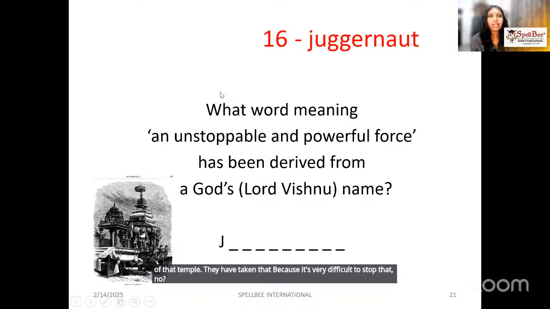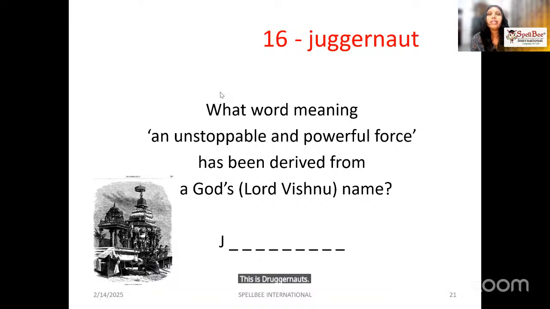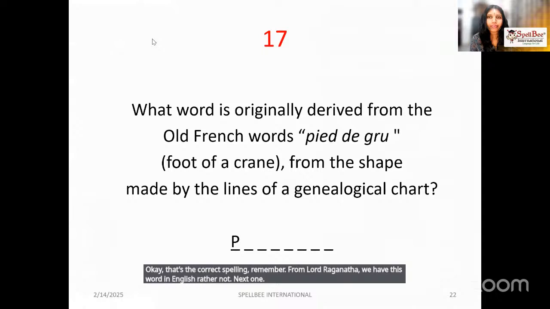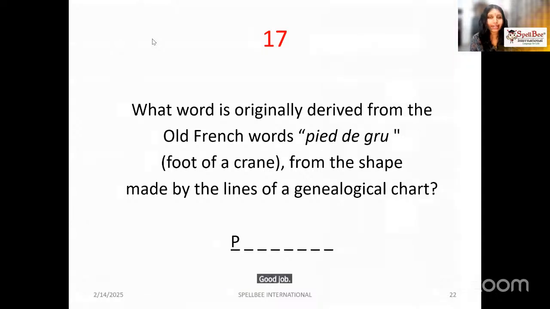This is juggernaut. Okay? That's the correct spelling, remember. From Lord Jagannatha, we have this word in English, juggernaut. Next one. Good job. Many of you have answered this correctly. I'm very happy that you've been listening in the bootcamp classes.